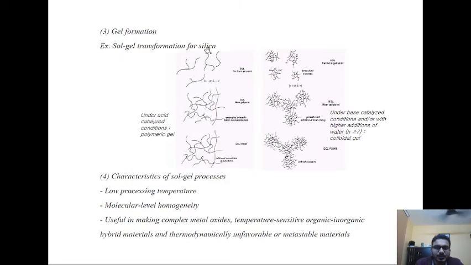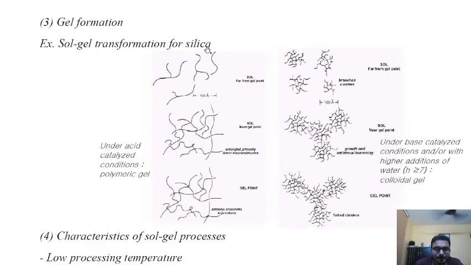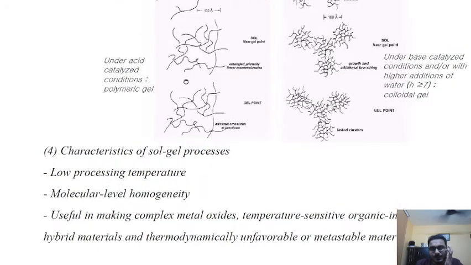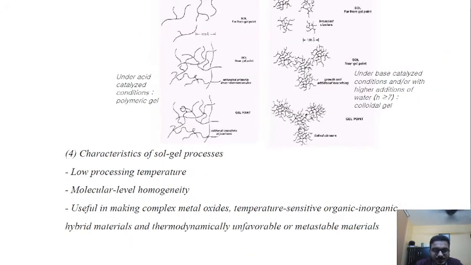Next we have gel formation. The sol gel transformation for silica is shown in this figure, and we have already seen this gel formation two slides ago. So if you wish to go through this, you can pause this video here and draw these figures. Then we have characteristics of sol gel processes.